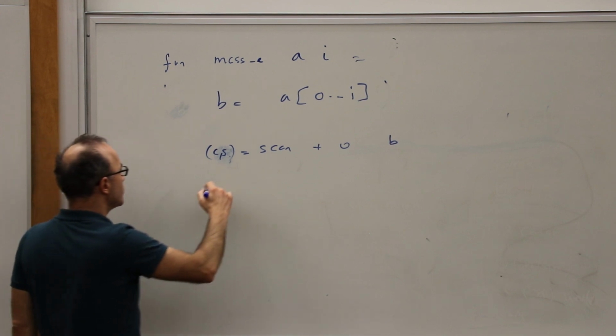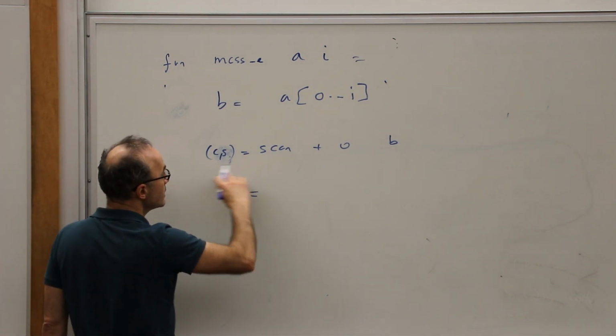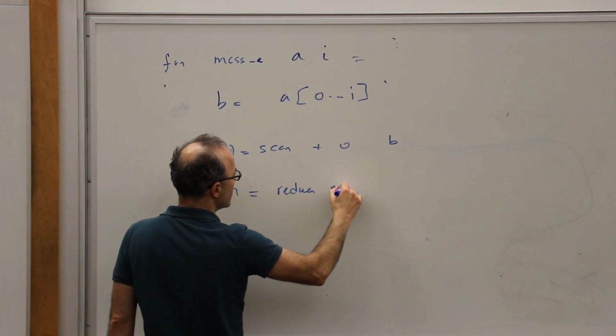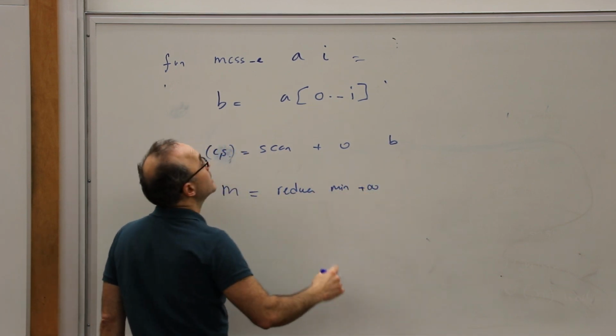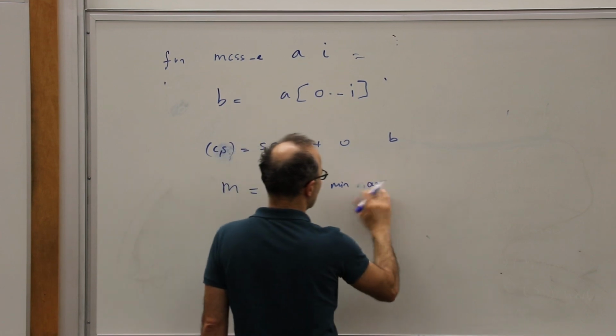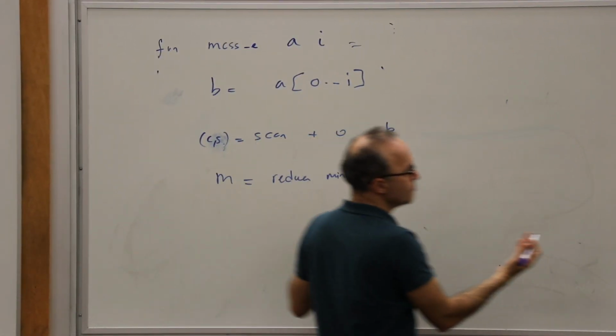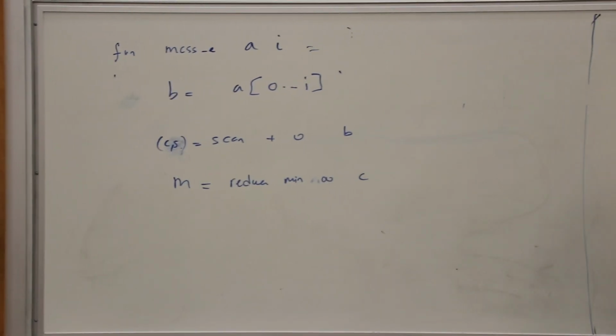Good. So then what we're going to do is take the min over C by doing a reduction. Reduce min plus infinity over C. Now, this is going to give us the minimum prefix.